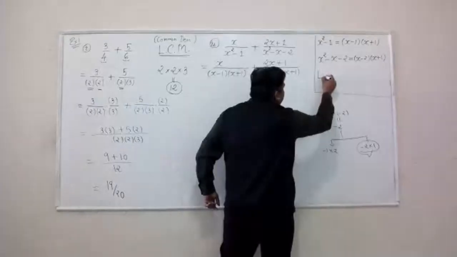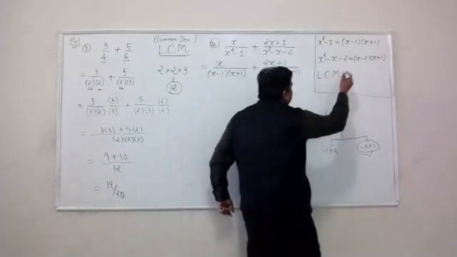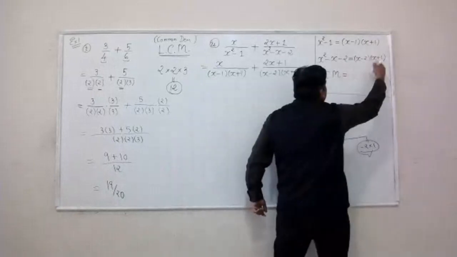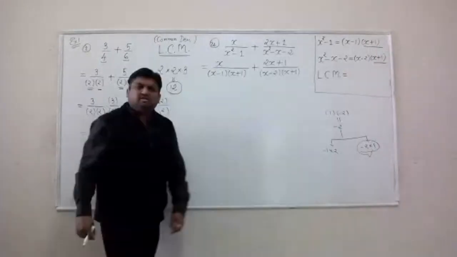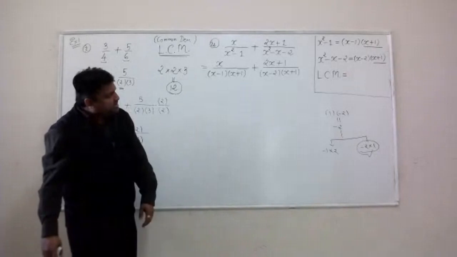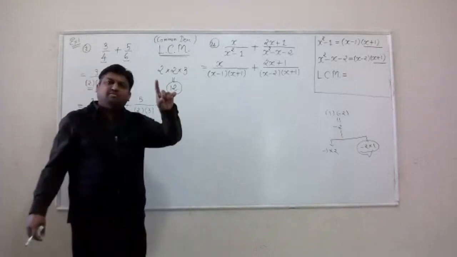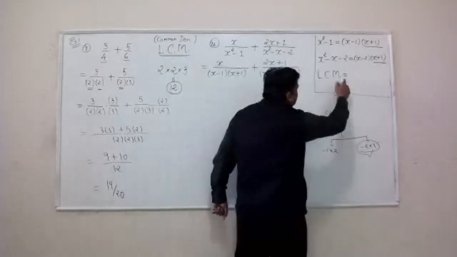How do we find the least common multiple? Well, we do the same trick. We check all the factors. If there is a factor that shows up in the factorization of 2 or more denominators, then we count that factor only once towards the least common multiple.